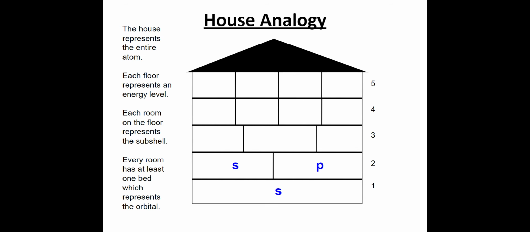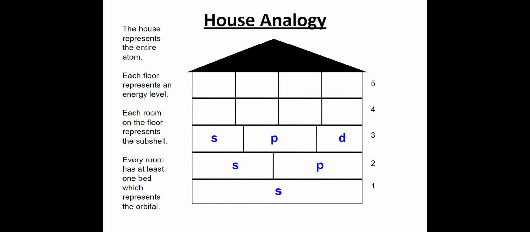The 2s subshell has 1 bed that can hold 2 electrons. The 2p subshell has 3 beds. Each bed can always hold up to 2 electrons. Therefore, the 2p subshell can hold up to 6 electrons.